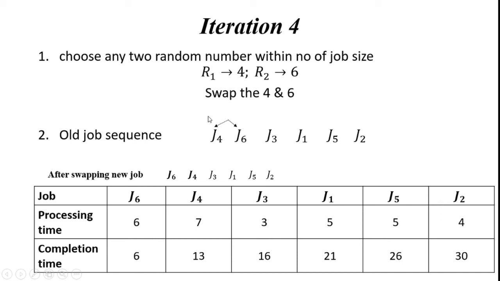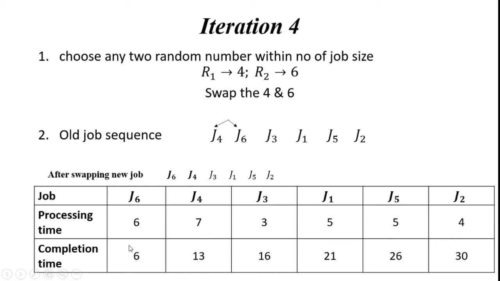J3, J1, J5 and J2 remain as in the previous iteration, so I interchange the places of J4 and J6, and I got the new job sequence: J6, J4, J3, J1, J5, J2. I recollect the processing time for job 6 is 6 and job 4 is 7, and the remaining ones are the same as in the previous iteration.